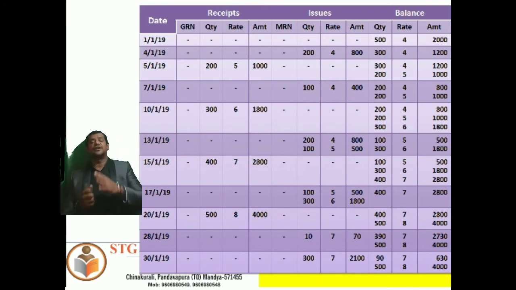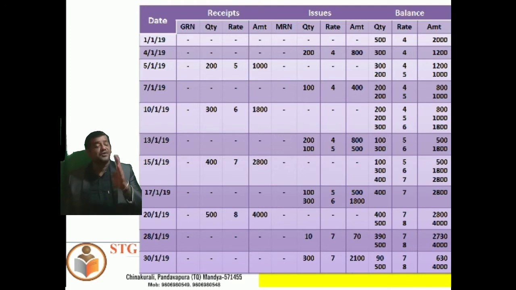So let us look into the problem. On 1/1/2019 there was an opening stock, 500 units of material at ₹4 per unit. So receipts column, GRN nil, quantity nil, rate nil and amount nil.